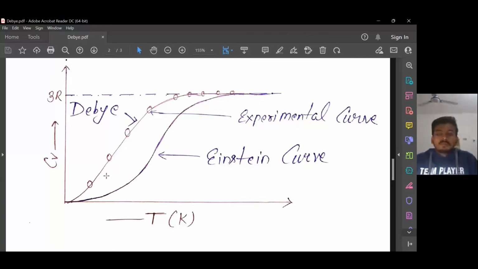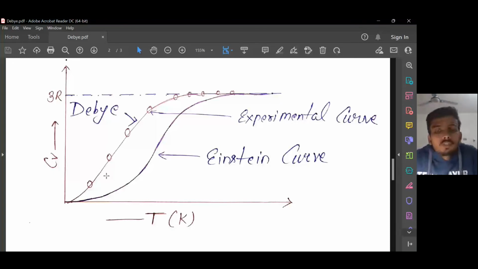Now in the Debye model, it is assumed that atoms only vibrate with lower frequency, that is only those frequencies which are lower than the Debye frequency νD. But in reality, it so happens that some atoms may even vibrate with frequencies which are higher than the Debye cutoff frequency, that is νD. So you see, these are some of the shortcomings of the Debye model.